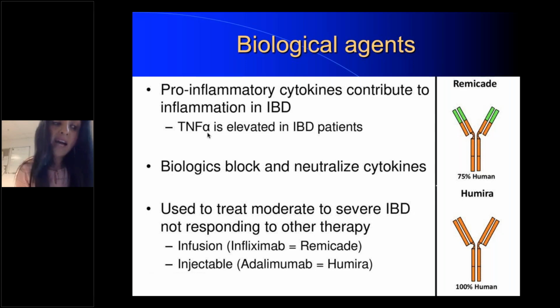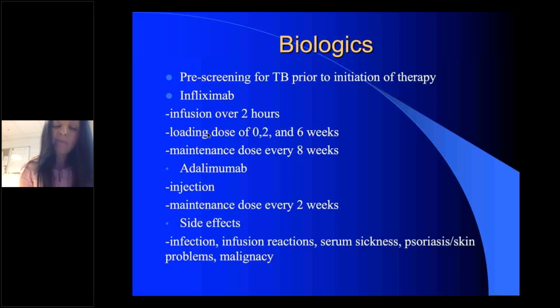They are highly effective drugs to treat moderate to severe IBD. We have 2 on the market at the moment, infliximab, which is 75% human, and Humira, which is a monoclonal antibody that is completely human. They both work in exactly the same way because they block the TNF alpha pathway.